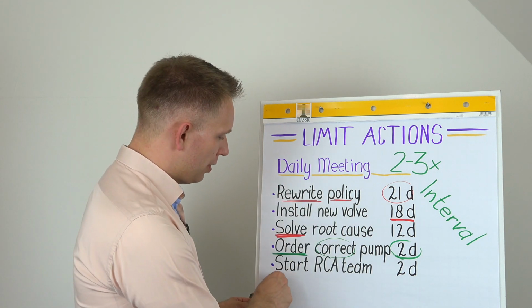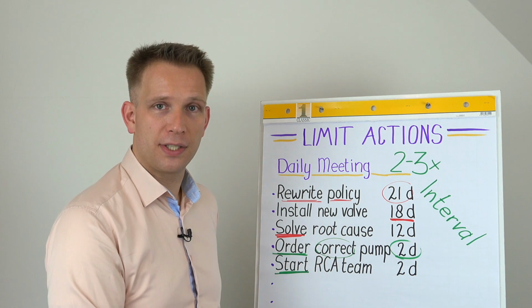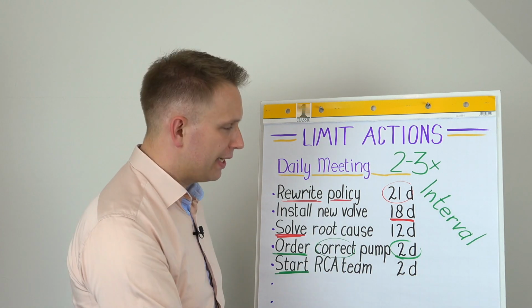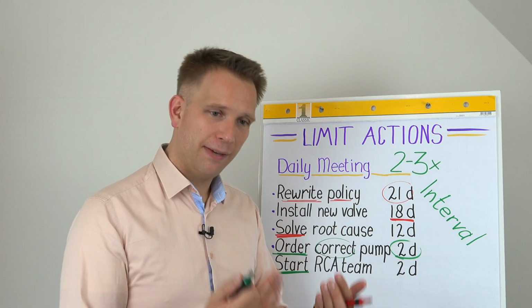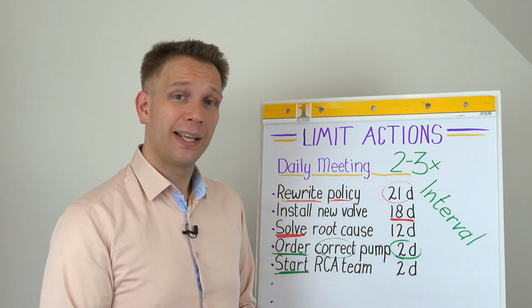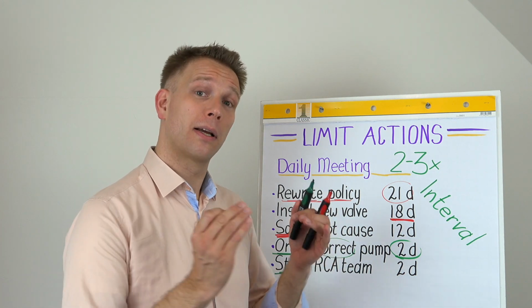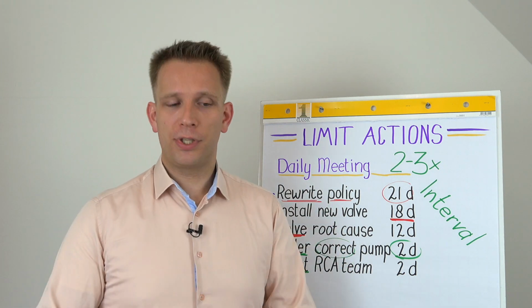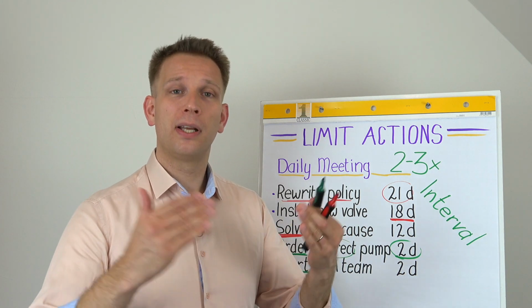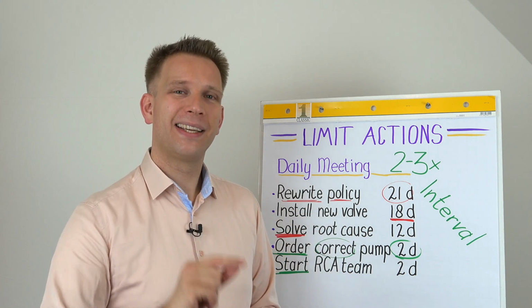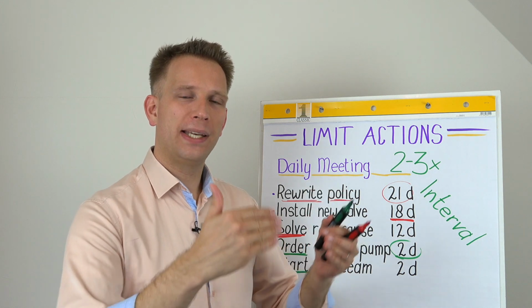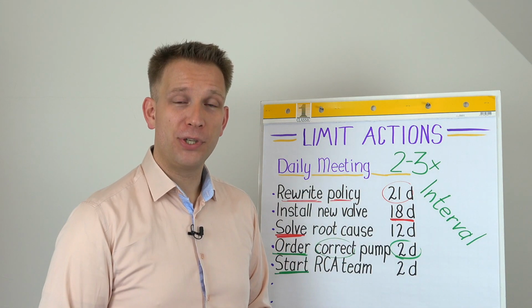So first you start up your root cause analysis team. This will take you 1 or 2 days to get the people together, give them their assignment, free up the resources. Then the one who started up the team comes back to this meeting, reports who's in the team, what's their mission, and what will be the next date when they will have a proper problem description.